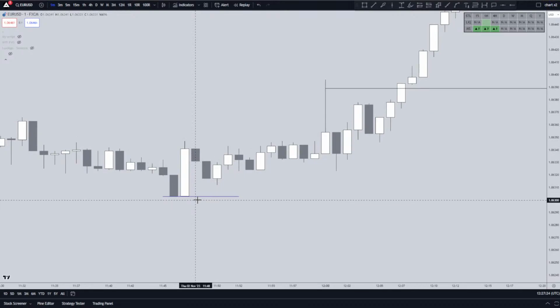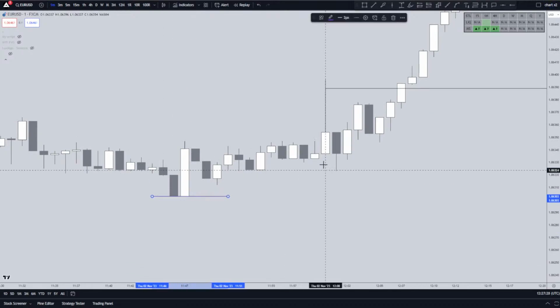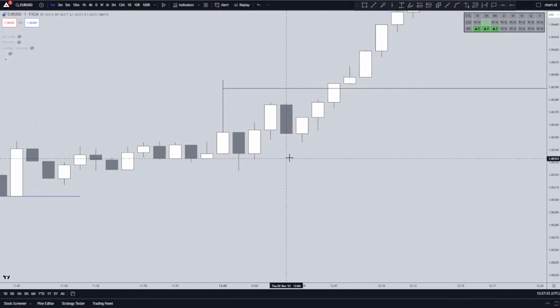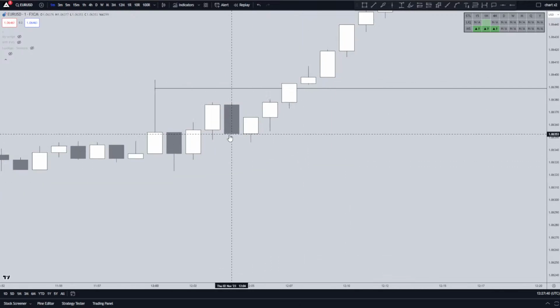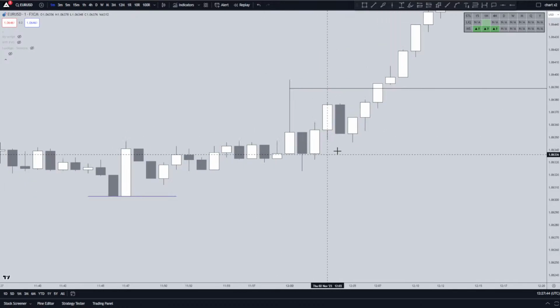So if we know there are only 2 versions of what the market can do, like here, either respect the previous low and continue, or stop hunt the previous low and continue. If it stop hunts the previous low, there's the peak formation, as we know, and it goes.